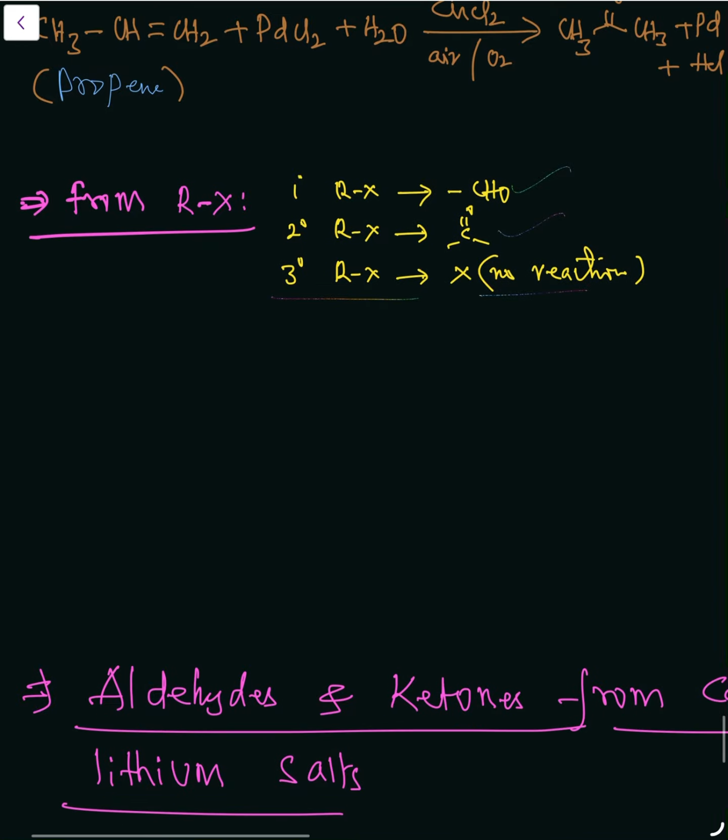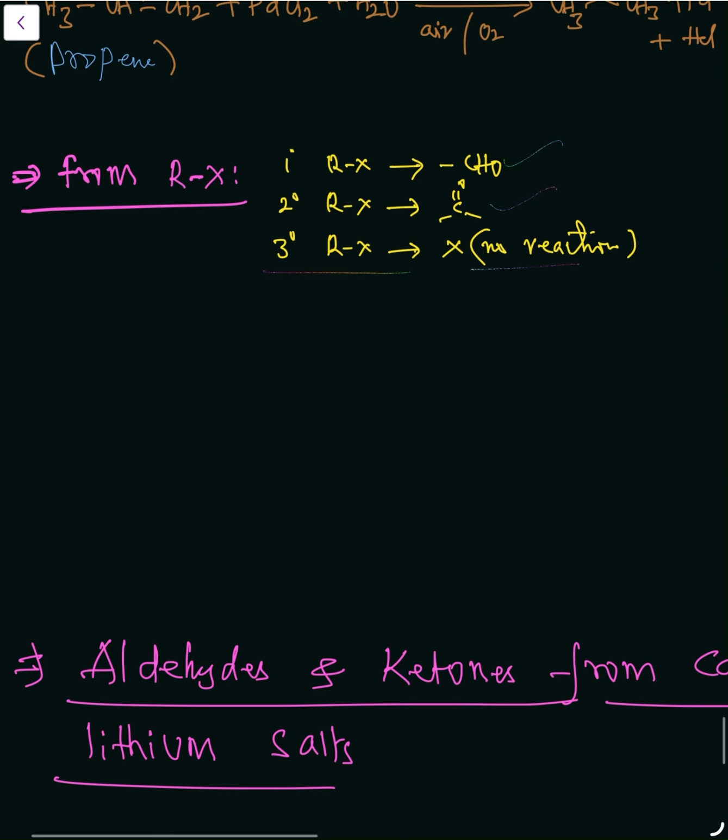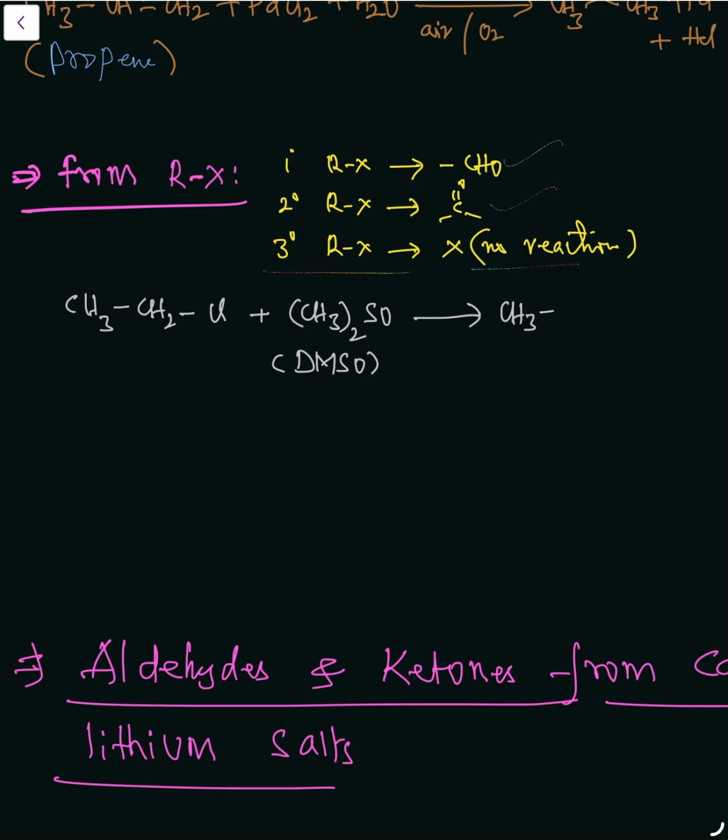For example, CH3 CH2 Cl when it reacts with (CH3)2 SO, dimethyl sulfoxide, then the compound formed is CH3 CHO plus (CH3)2 S plus HCl, hydrogen chloride is formed.